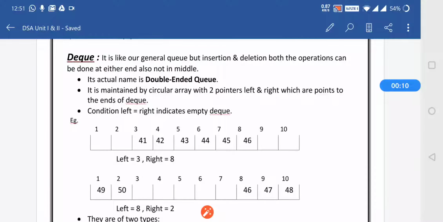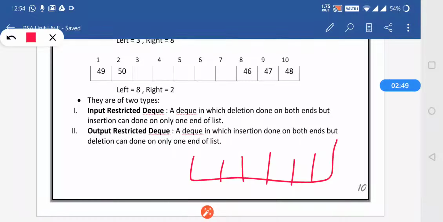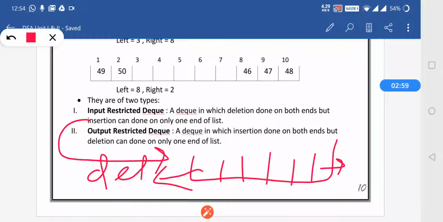Means, suppose we are having this particular queue and we are using the input restricted DQ. So in this, the deletion can be done from both the ends.